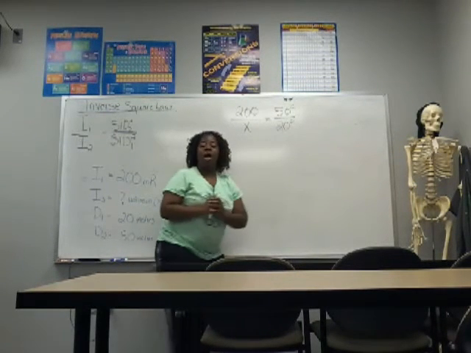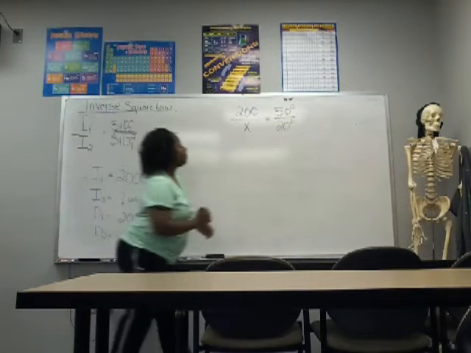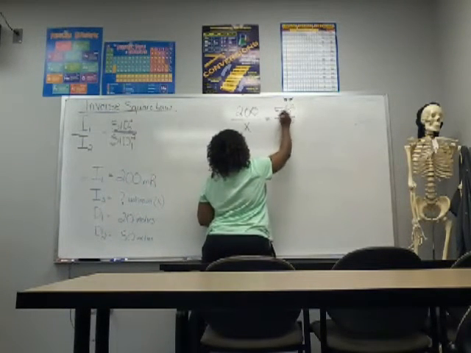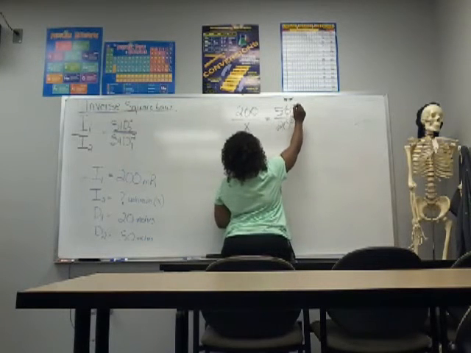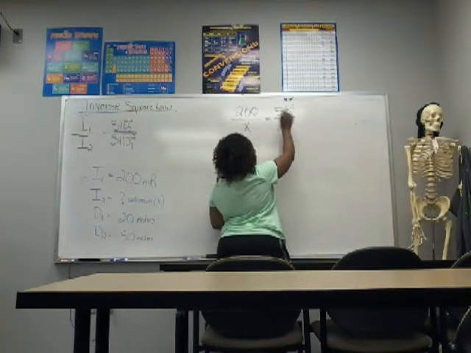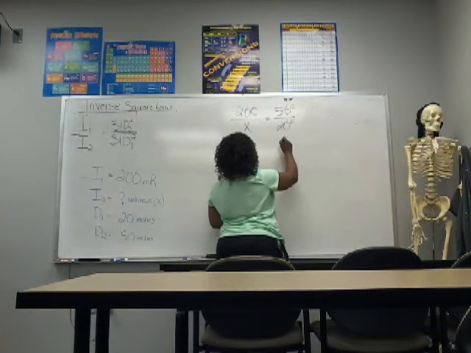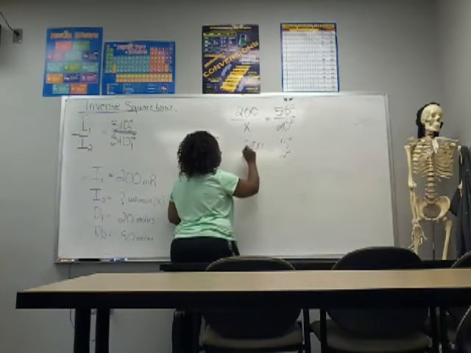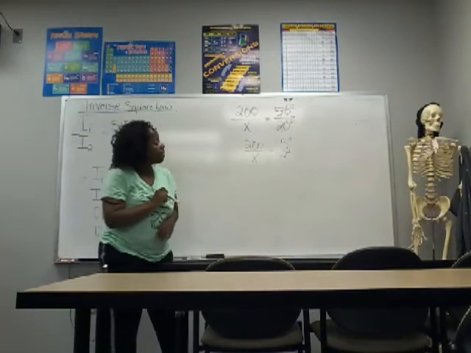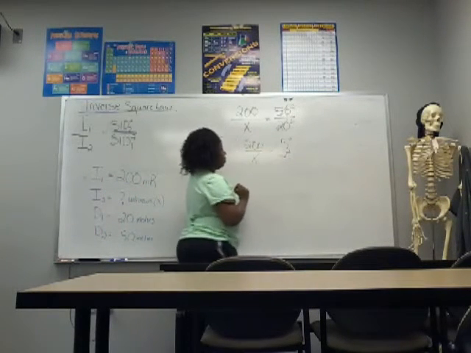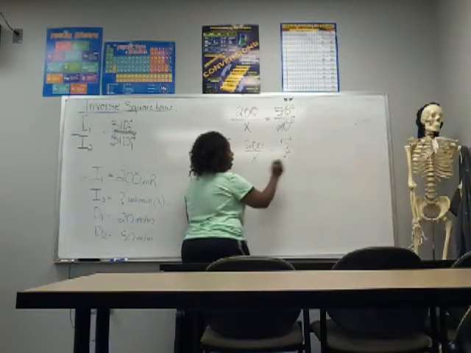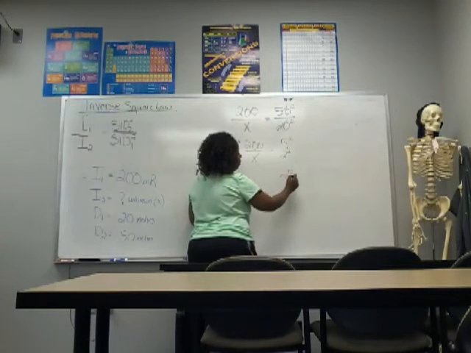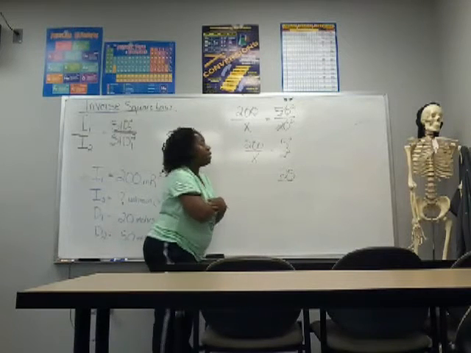What they have in common are the multiples of 10. 50 divided by 10 is 5, and 20 divided by 10 is 2. I'm still going to square them both, and I'm just going to bring everything else down. They stay the same. Next, I'm going to square these two, which is 5 times 5, or 5 squared, is 25, and 2 squared is equal to 4.